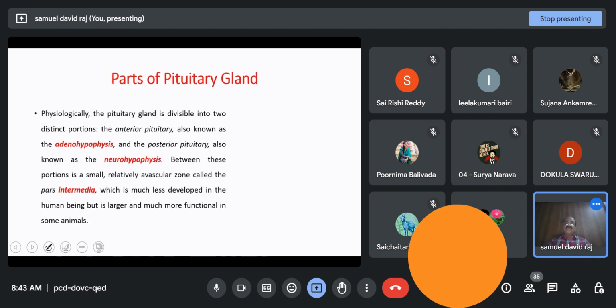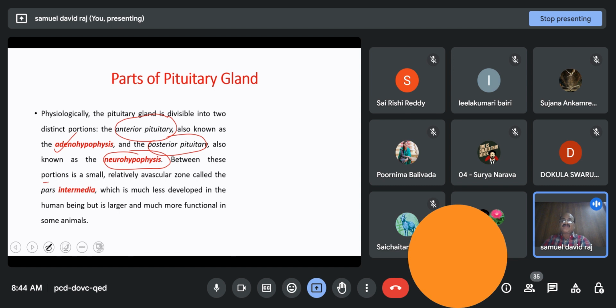Coming to the parts of the pituitary gland. Physiologically, we can divide the pituitary gland into two portions. One is the anterior pituitary, also known as adenohypophysis, and the other is the posterior pituitary, also called neurohypophysis.